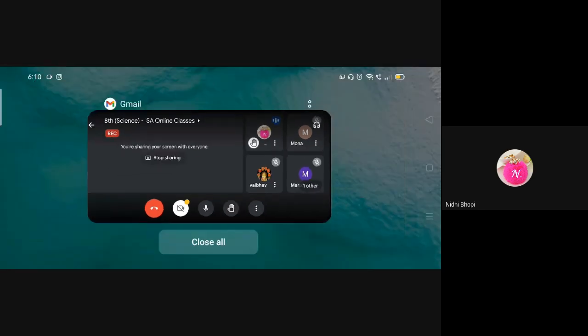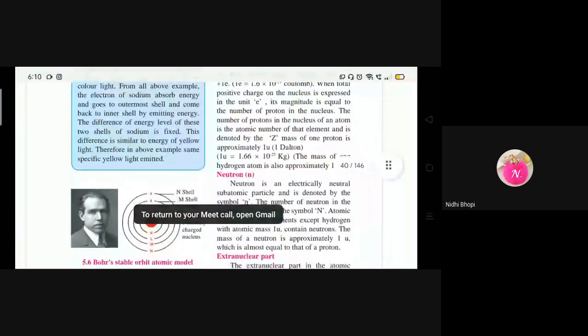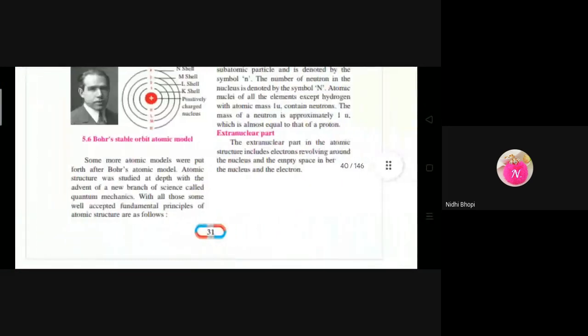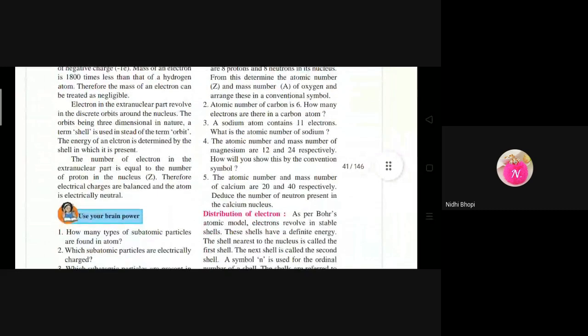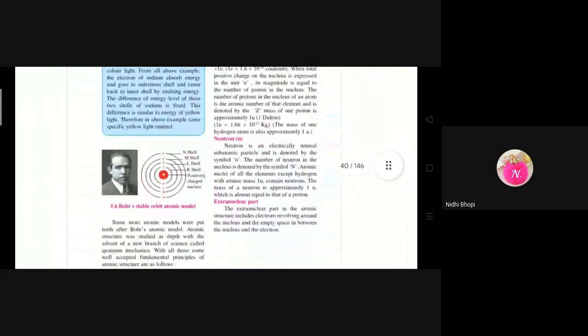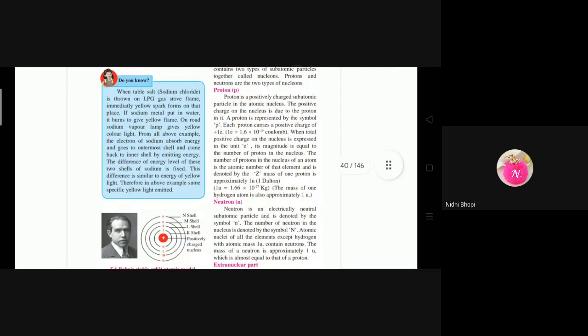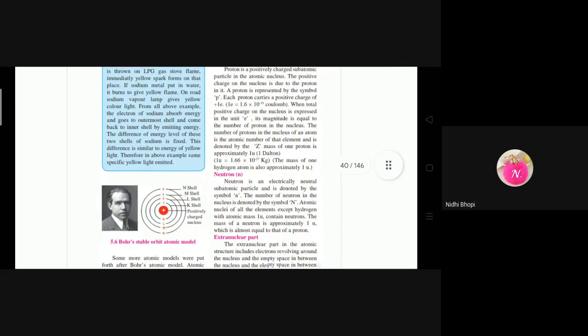Proton is a positively charged subatomic particle in the atomic nucleus. The positive charge on the nucleus is due to the protons in it. A proton is represented by symbol p. Each proton carries a positive charge of plus 1 e, equal to 1.6 into 10 raised to minus 19 Coulomb.